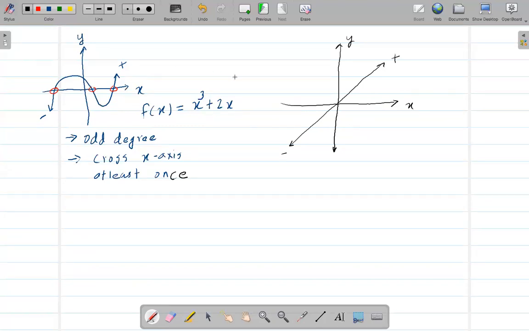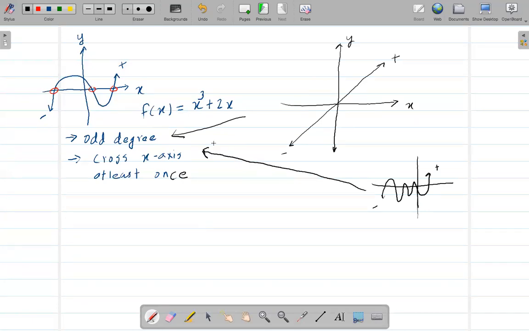So these two are similar conditions, and again we're going to have odd degree. Or maybe we might have something like this. On this one also, on the left-hand side it's going towards negative, on the right-hand side it's going towards positive. So again, this one has these properties: odd degree and crosses the x-axis at least once.